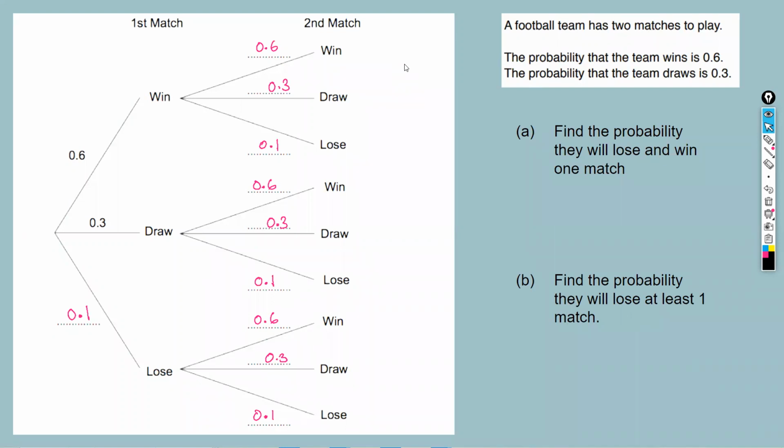Does that mean you have to lose the first match and win the second match? Or the order of winning and losing doesn't matter? Which one is it? Does the order matter or not, based on the structure of that sentence?